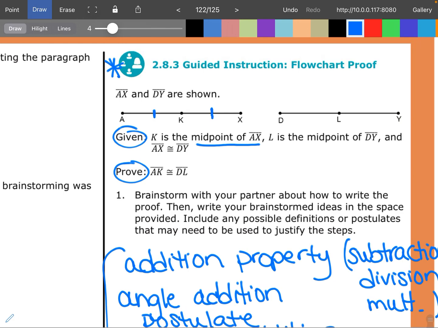The same thing is going to happen in the next segment. And because the two segments are congruent to each other, I'm only going to use one congruency mark right here. So this segment right here is also congruent to this one here, which is also congruent to this one here, which is also congruent to this one here.